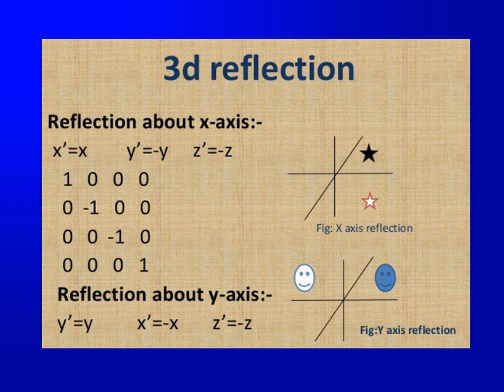So the coordinates which are not written, that is y and z, that's why y dash is minus y and z dash is minus z. Understand? So it is very easy to remember, because this reflection is the same as your identity matrix, and you have to only remember where you have to give a minus 1.